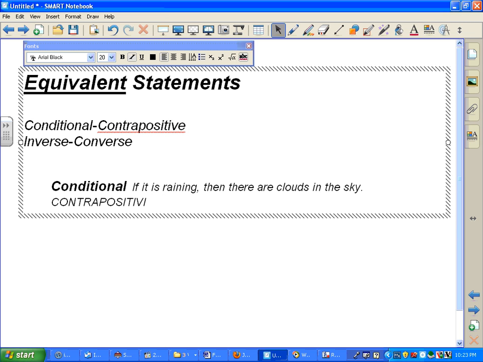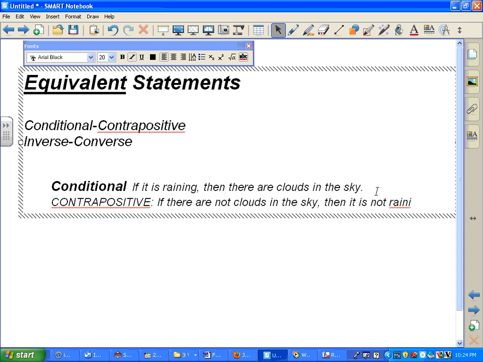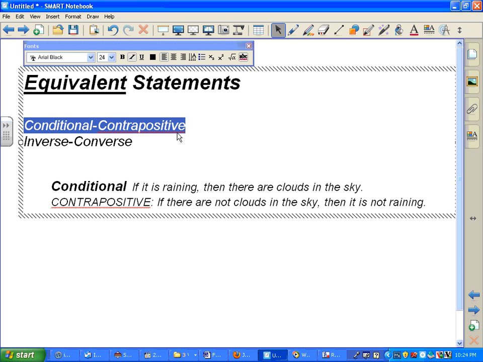If there are not clouds in the sky, then it is not raining. Now these things say the same thing. If it is raining, then there are clouds in the sky. If there are not clouds in the sky, then it is not raining. Those are equivalent statements. They say the exact same thing.